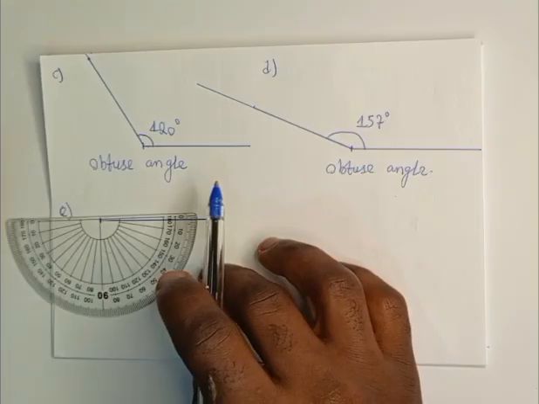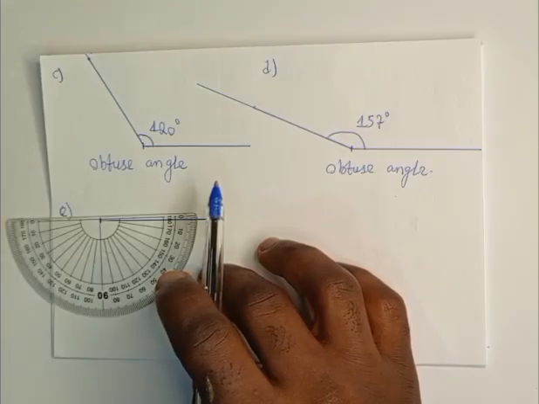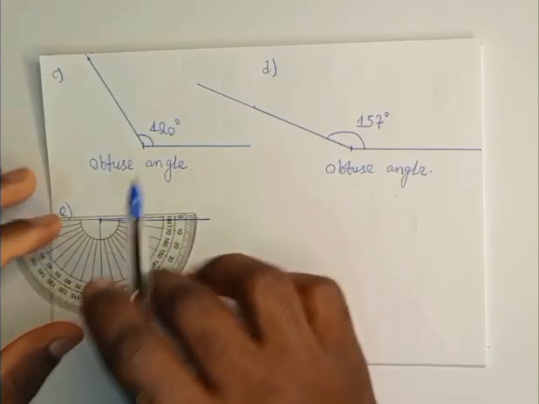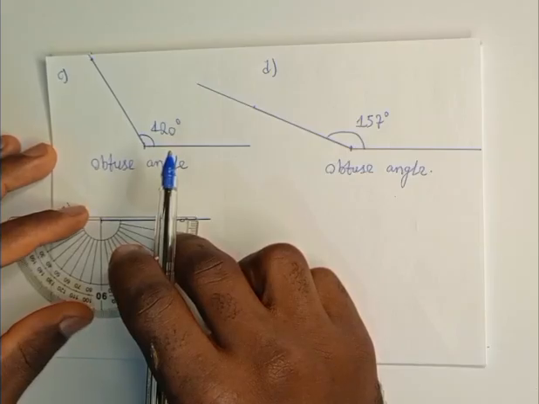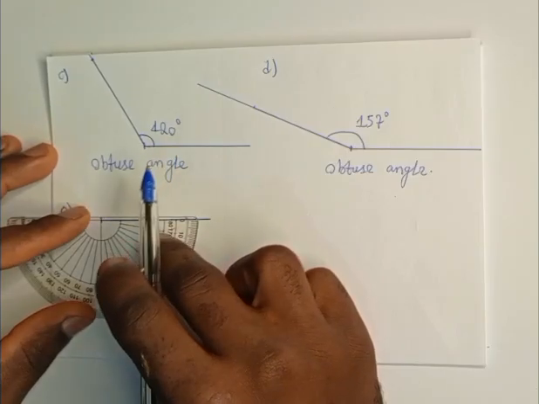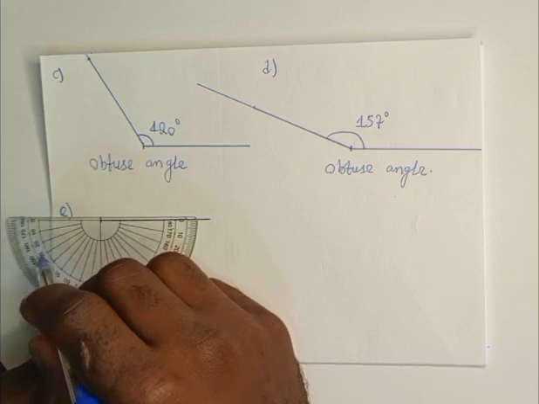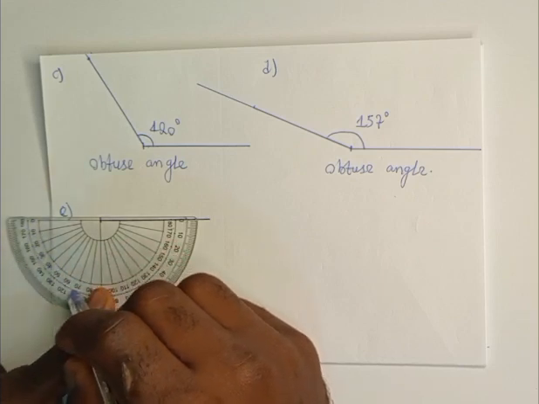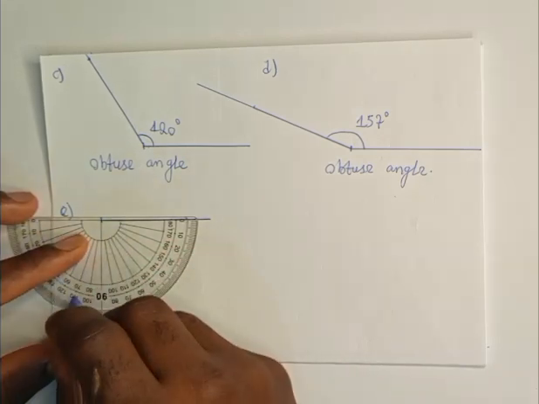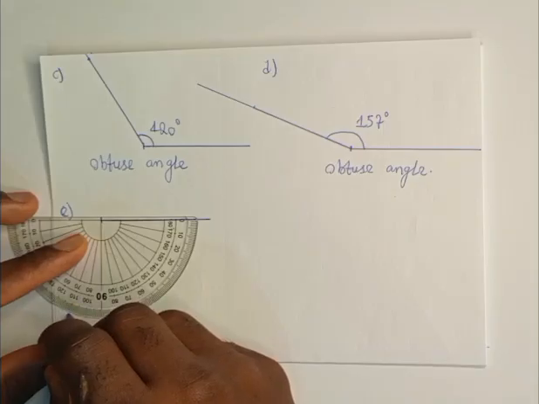What we have to do is we have to measure 70 degrees this way. This is 0, 10, 20, 30, 40, 50, 60, 70. This is 70 degrees. We place a dot here.